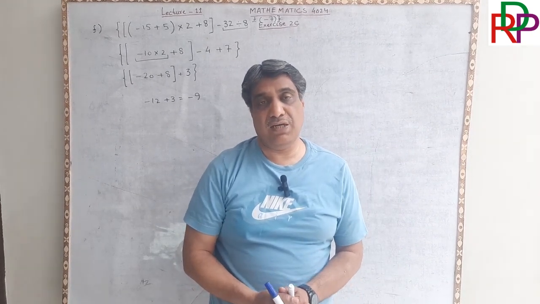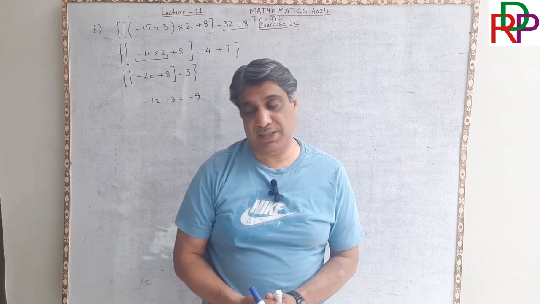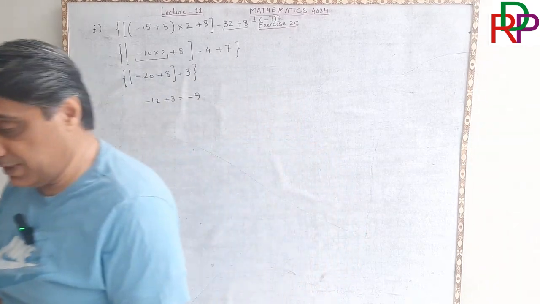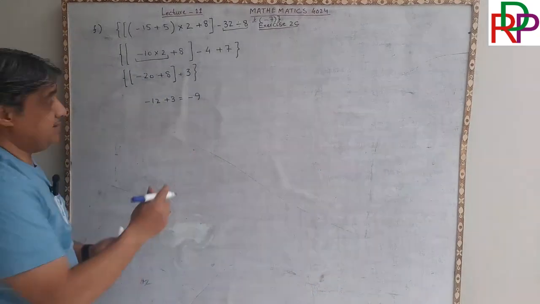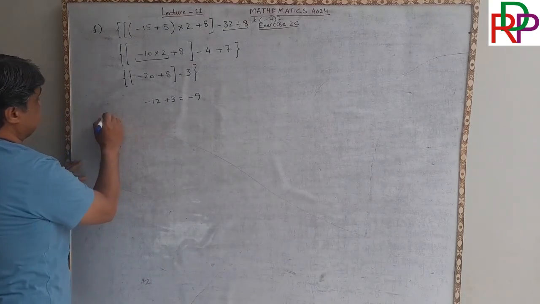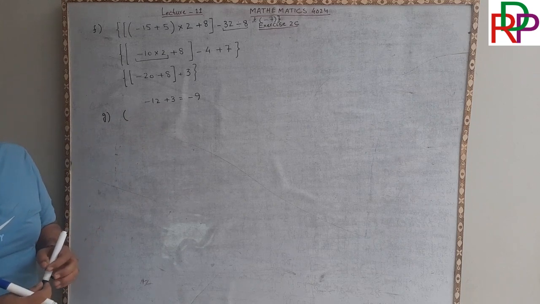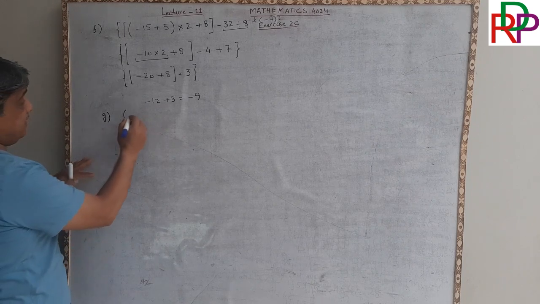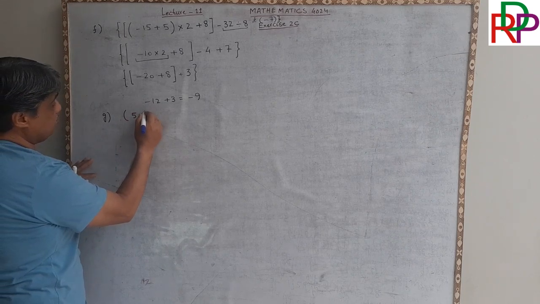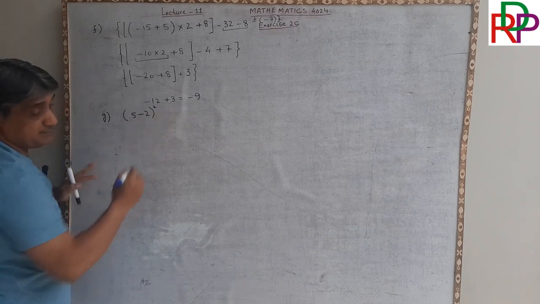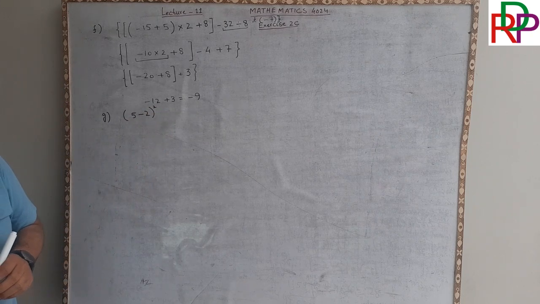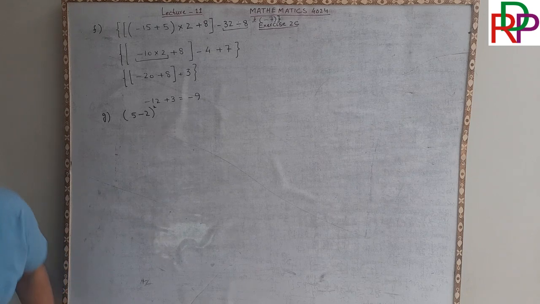Now we are doing the G part, and the G part is saying: minus 5 minus 2 whole square, and then whole cube it is.